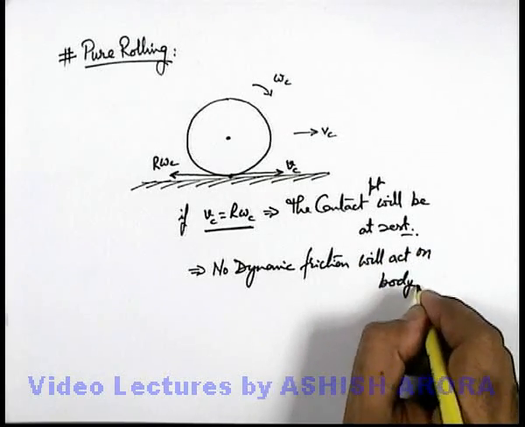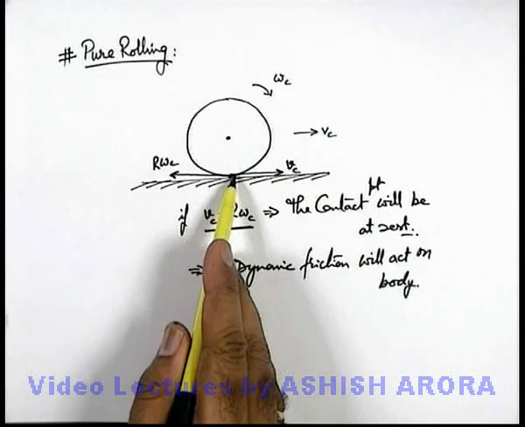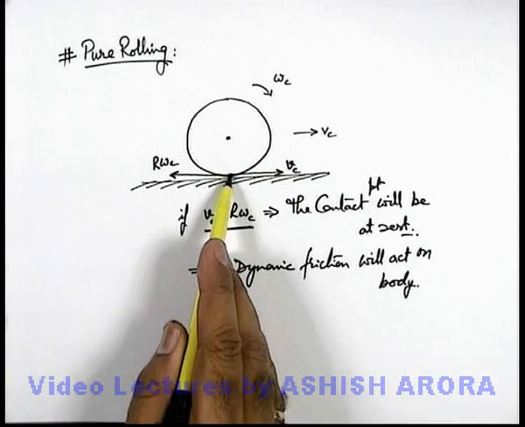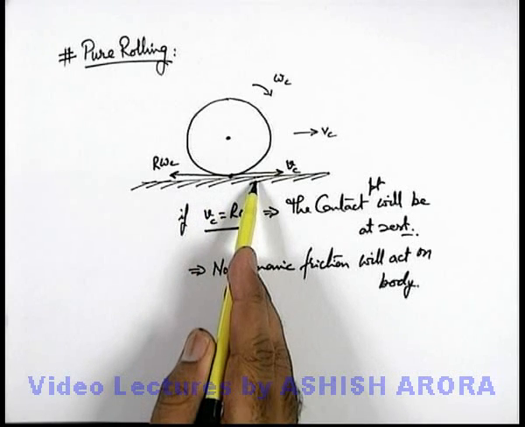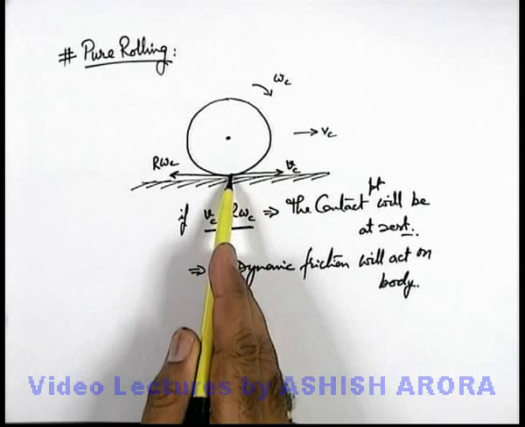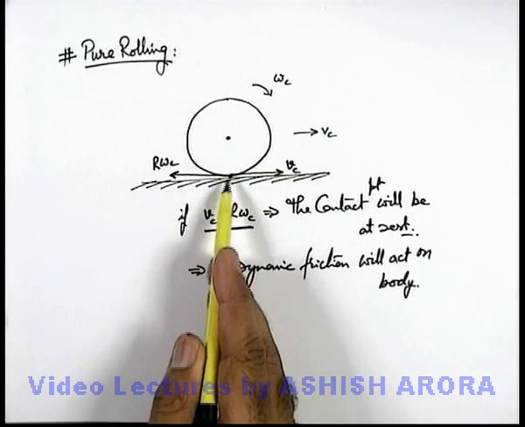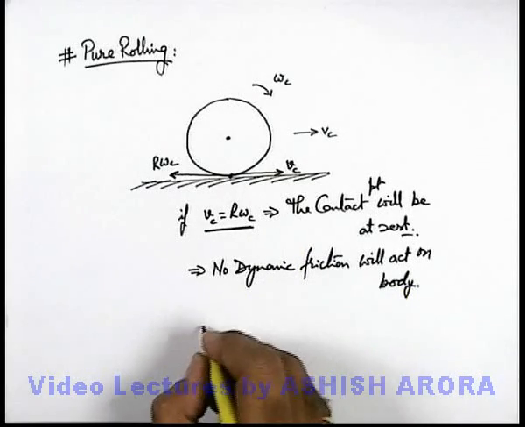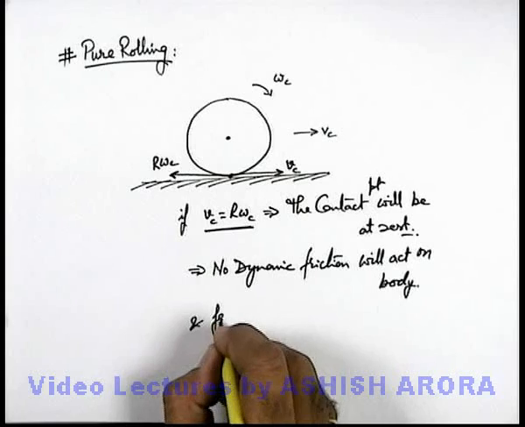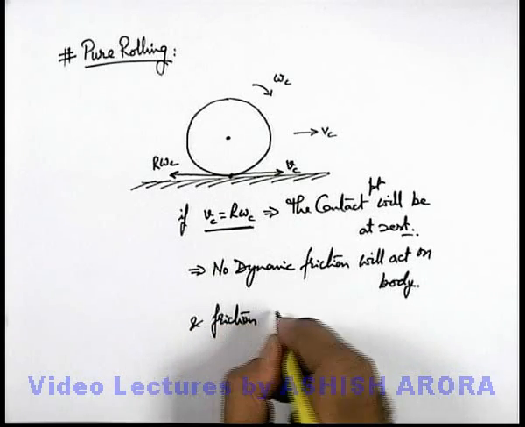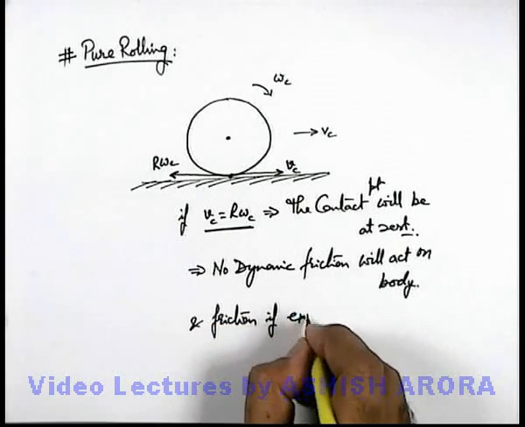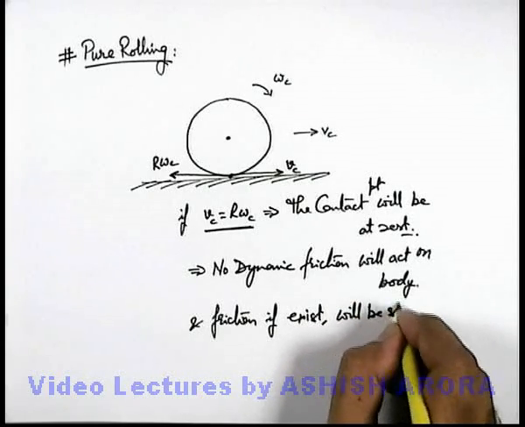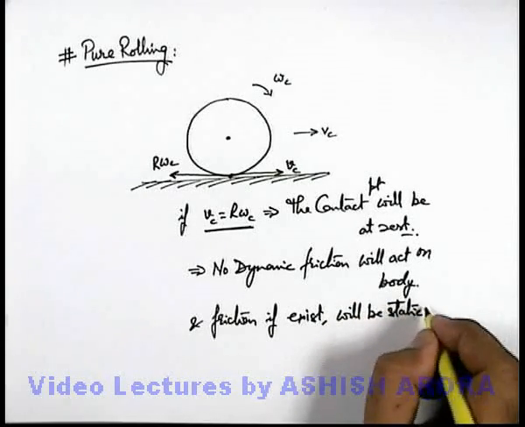Because we know that kinetic friction acts only when there is a relative motion between the two surfaces. If this point slides on the ground surface, then only kinetic friction will act. So in this situation, no kinetic or dynamic friction will act on the body, and friction, if it exists, will be static friction only.